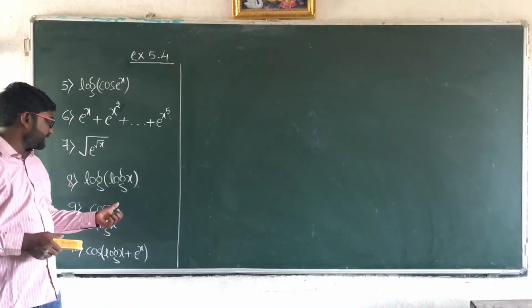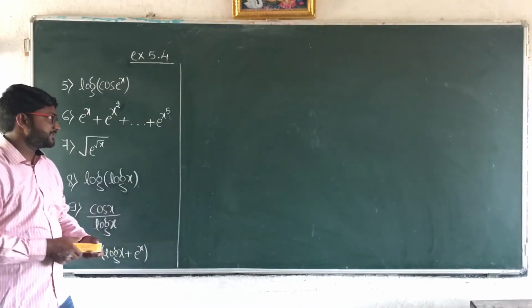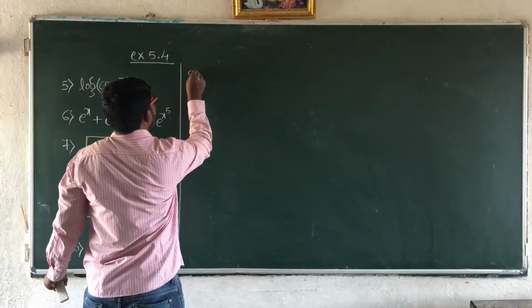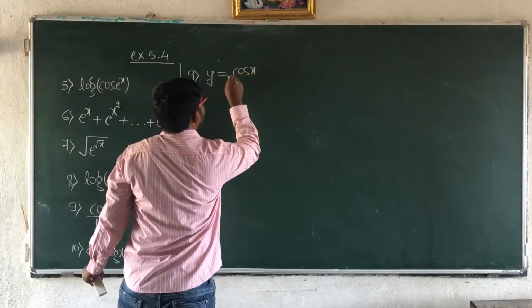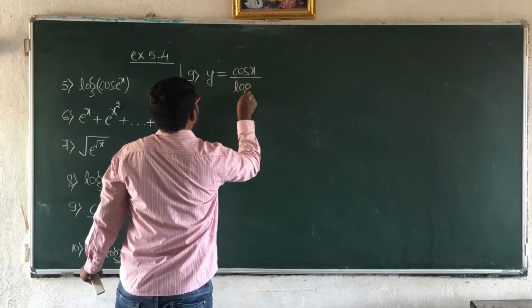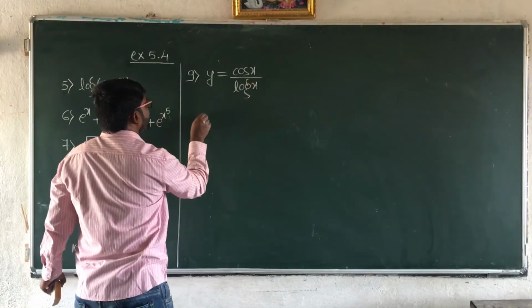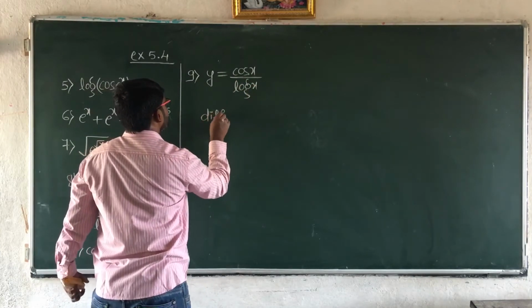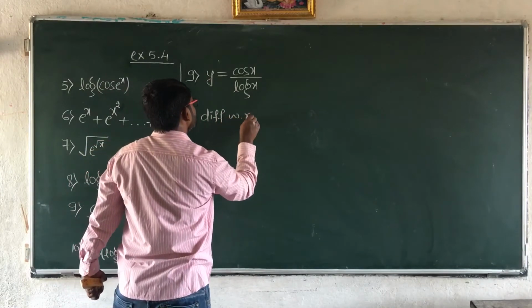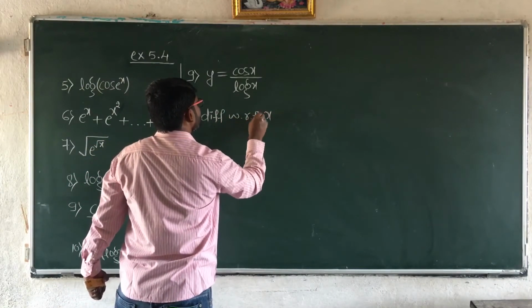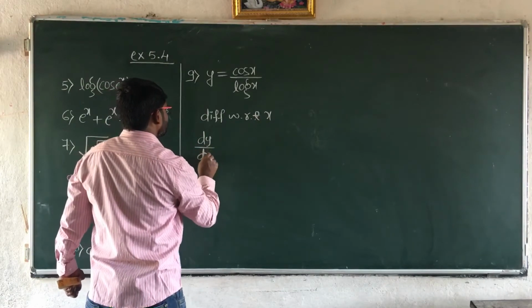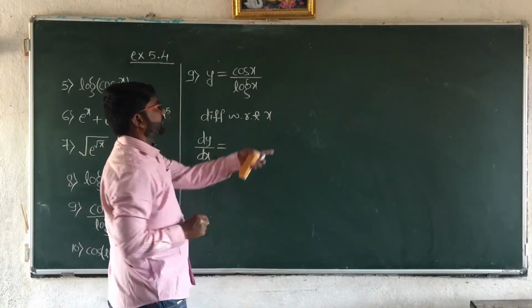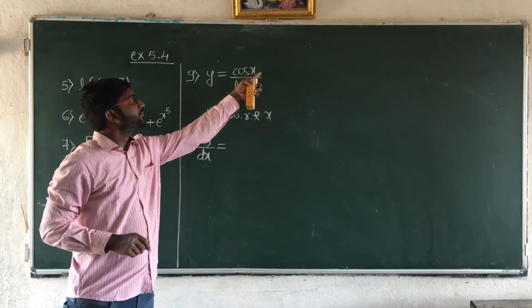Ninth problem, it is cos x divided by log x. Let us go for this. y is equal to cos x divided by log x. So differentiate with respect to x. We get dy by dx is equal to, now the derivative of this is in the form of u by v.